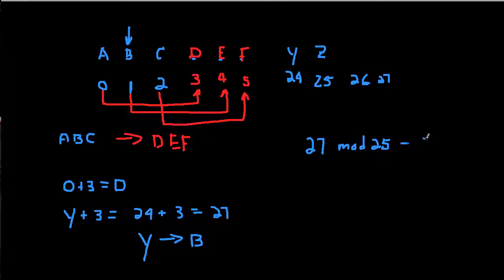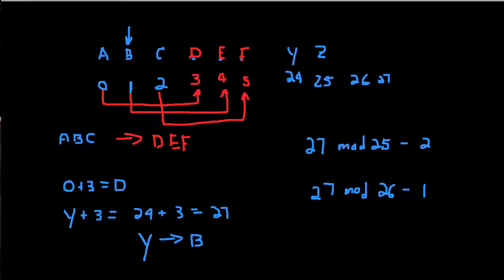So 2 doesn't give me the letter B, it gives me the letter C. If I did 27 mod 26, which is how many letters there are, then 26 divided into 27 has a remainder of 1. That gives me the letter B. So with Caesar cipher, to implement this with 26 letters, 0 to 25, I want to add 3, but I want to do it mod 26.